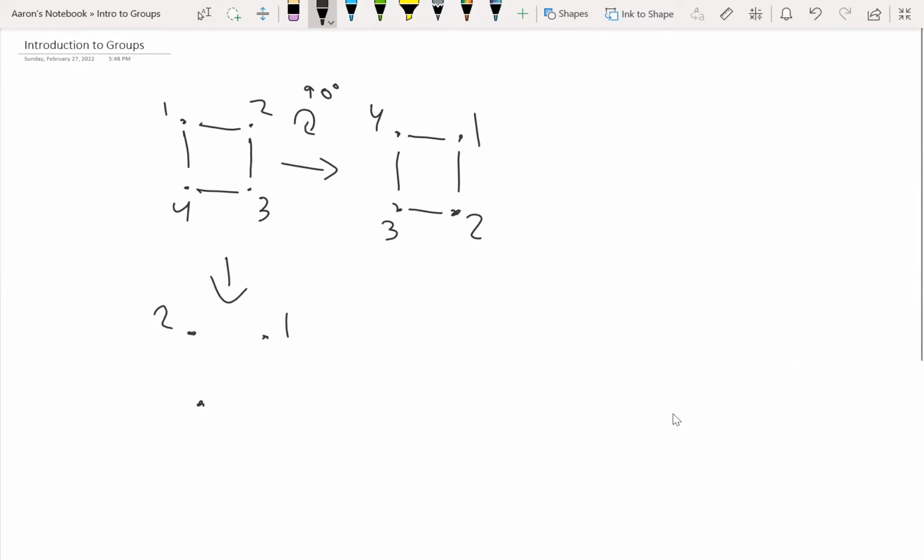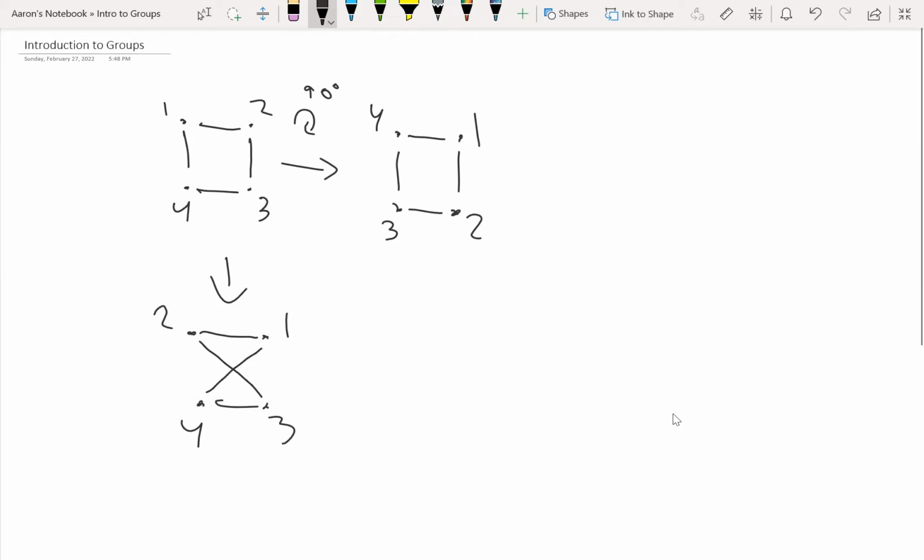We're going to leave 3 and 4 alone. Now, if we draw back in the edges that we want, so we want an edge between 1 and 2, we've got that. We want an edge between 3 and 4, we've got that. But we want an edge between 2 and 3, which looks like this. And we want an edge between 1 and 4, which looks like this.